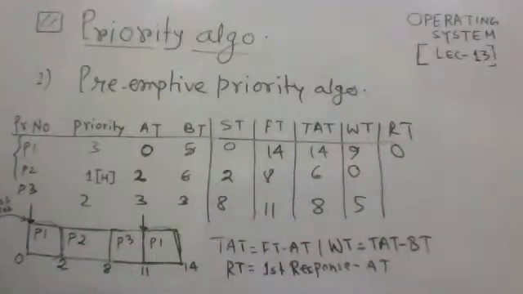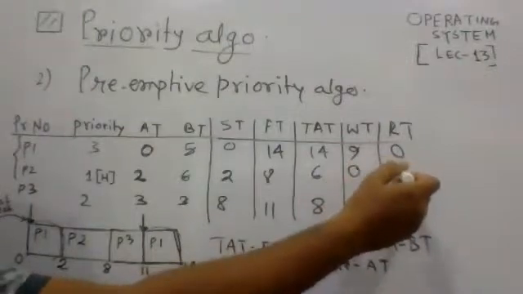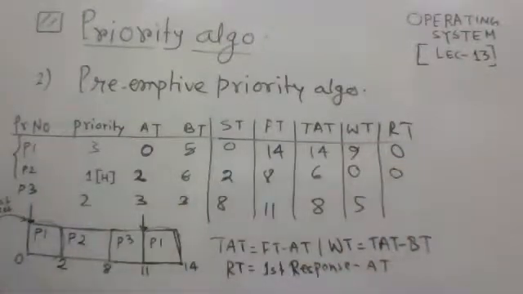In case of P2, we have only one response, that is at 2. So the first response is 2, arrival time also 2. So this is 0. And in case of P3, the first response is 8, arrival time 3.